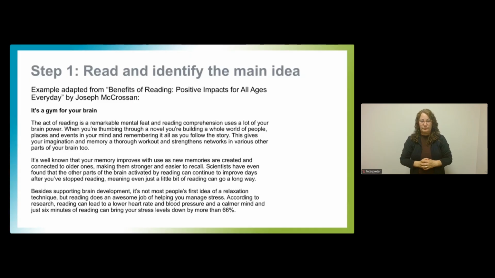So this example is adapted from Benefits of Reading, Positive Impacts for All Ages Every Day by Joseph McCrossen. It's a gym for your brain. The act of reading is a remarkable mental feat, and reading comprehension uses a lot of your brain power.